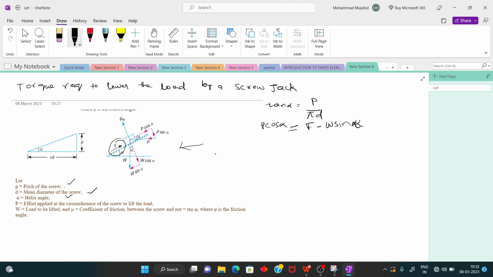This is resolving the horizontal forces.